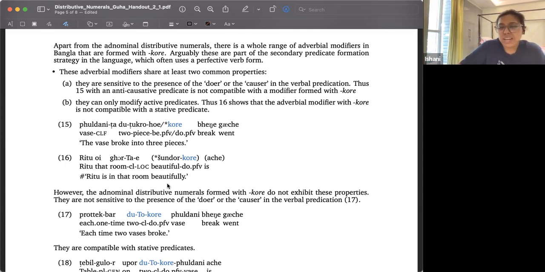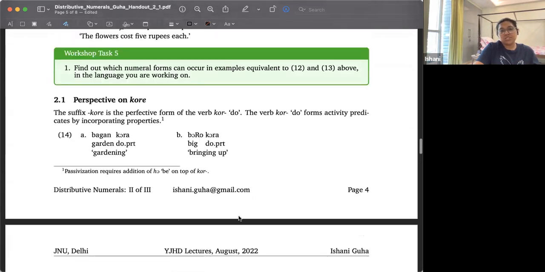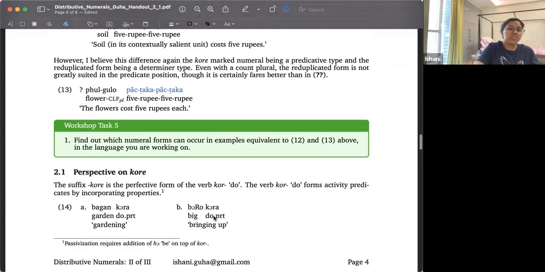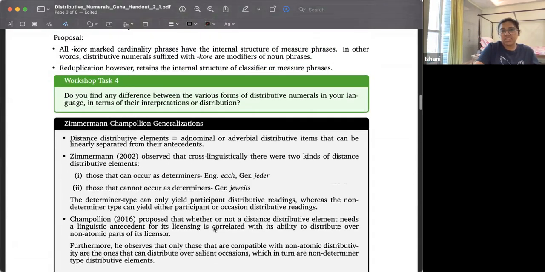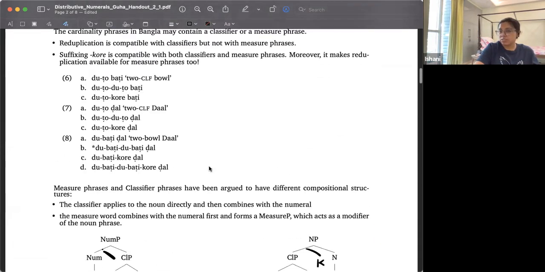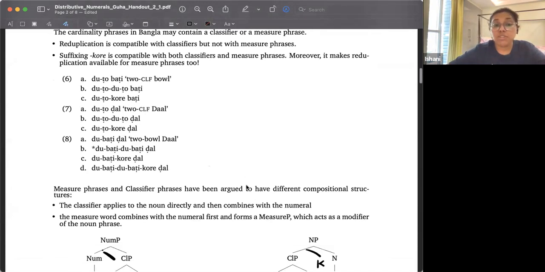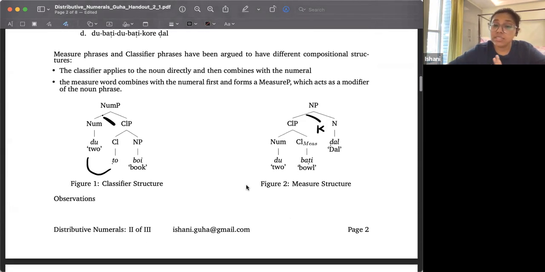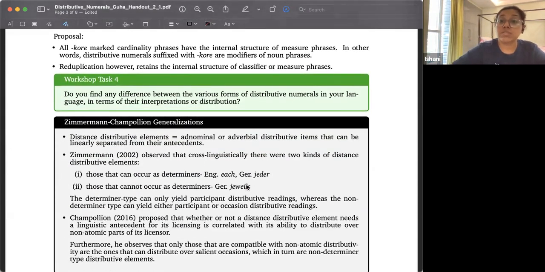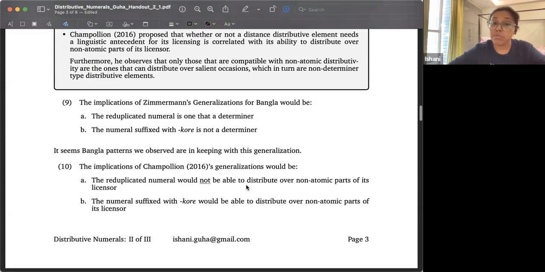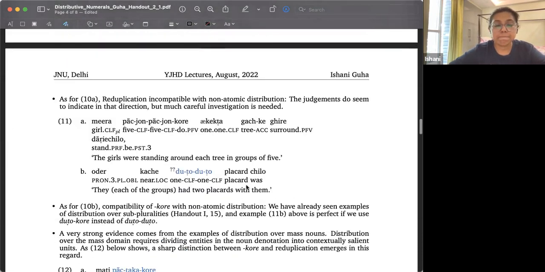This is why it's puzzling me even further, what is this sensitivity to reduplication, or this bar on reduplication that we are seeing here in various cases. That's something I wanted to point out: reduplication is actually used in several cases of secondary predicate formation, in Bangla at least.